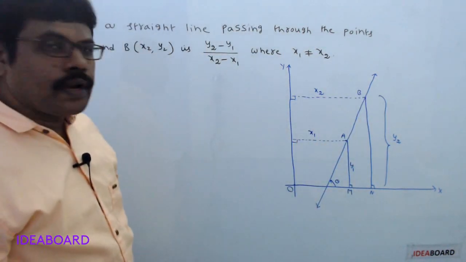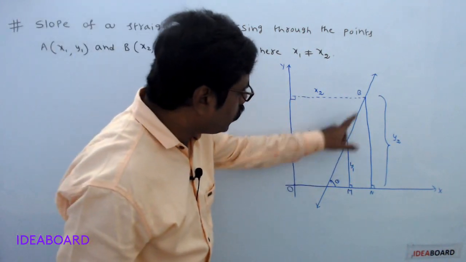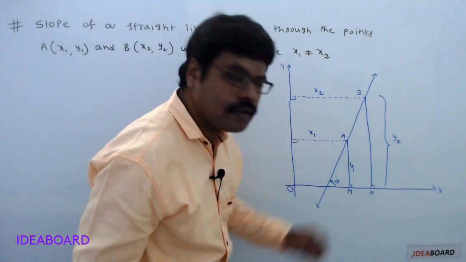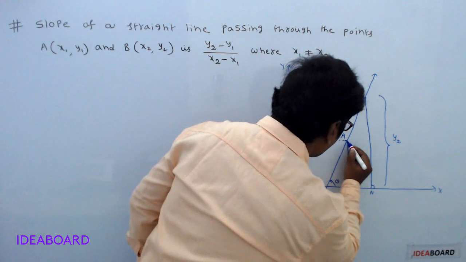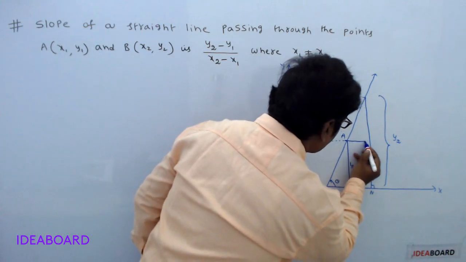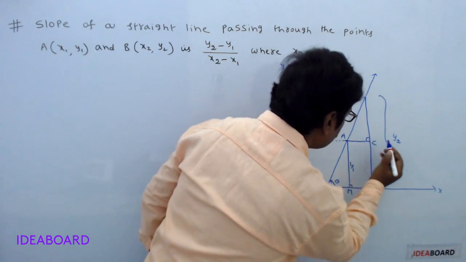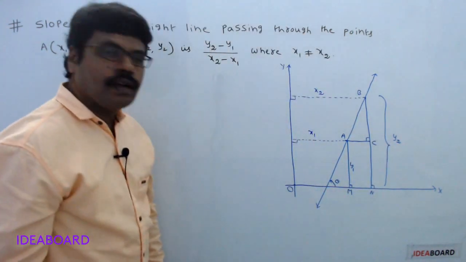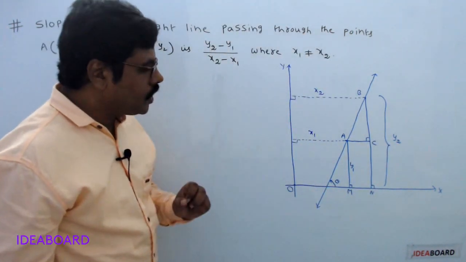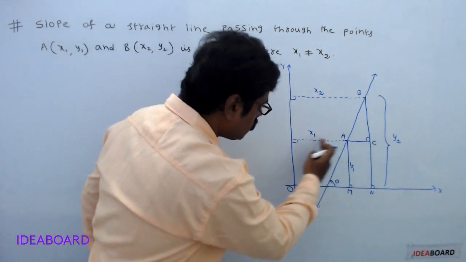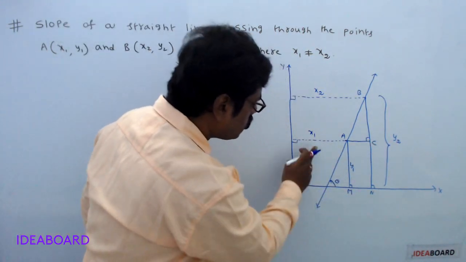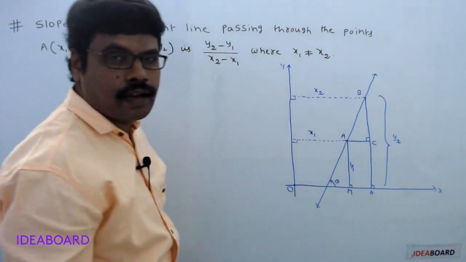Now draw a perpendicular from the point A onto BN. Now denote this point with the letter C. Now if you look at the diagram, this line and the x-axis are parallel.